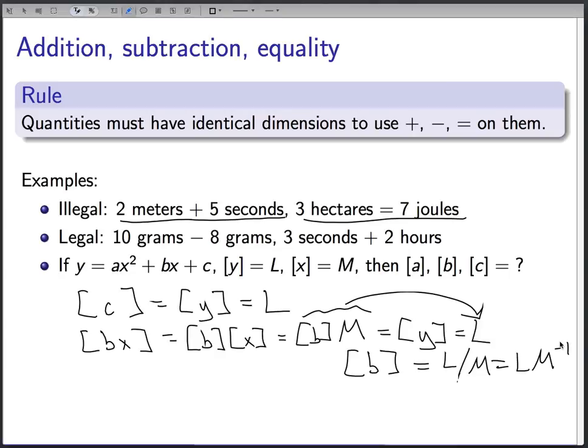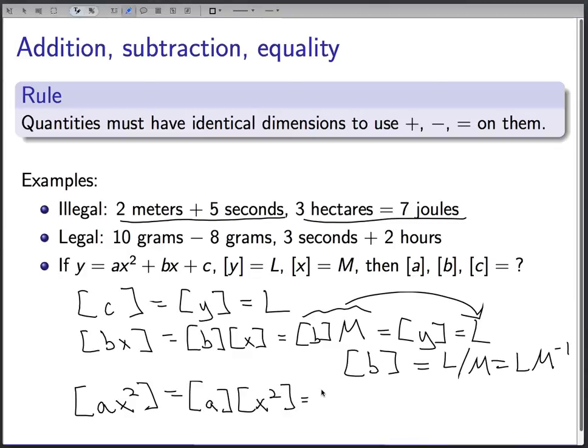Okay? And as the last part, we can ask what are the dimensions of ax squared. Well, we know that the dimensions of ax squared would equal the dimensions of a times the dimensions of x squared. That's the dimensions of a times mass squared.